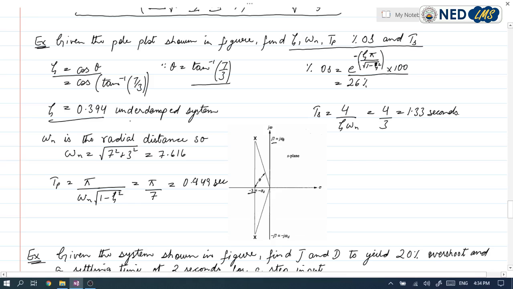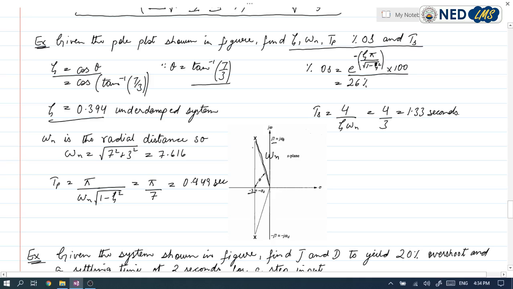So to find the value of omega n, we know that omega n is basically equal to this radial distance, and to find the value of this distance, we take the magnitude of this line.